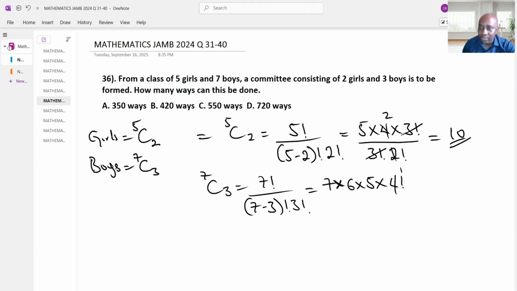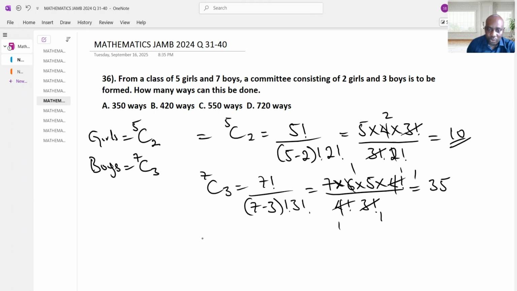I will stop at 4 factorial because 7 minus 3 gives me 4 factorial, and 3 factorial. Therefore, we cut out 4 factorial. And for this one, 3 times 2 times 1 gives me 6. It means this 3 factorial is equivalent to 6. I'm going to cut this one out. The next thing, 7 times 5 is what we have left here. 7 times 5 is going to give me 35.